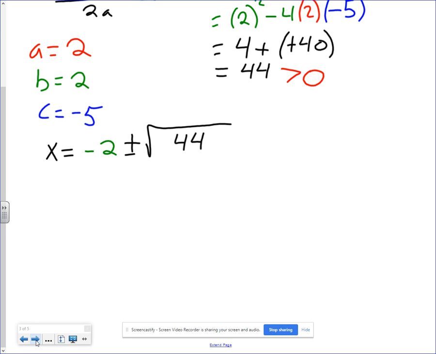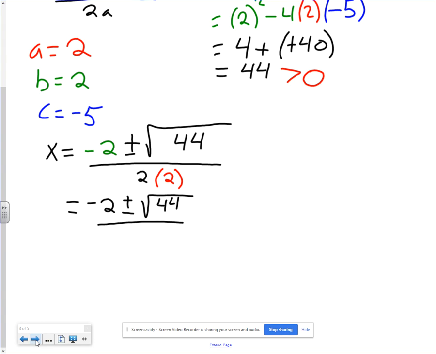So we have 44 under the square root, and then that's all going to be over 2 times a, which is 2. So if we simplify this a bit further, that's negative 2 plus or minus the square root of 44 all over 2 times 2 is 4.